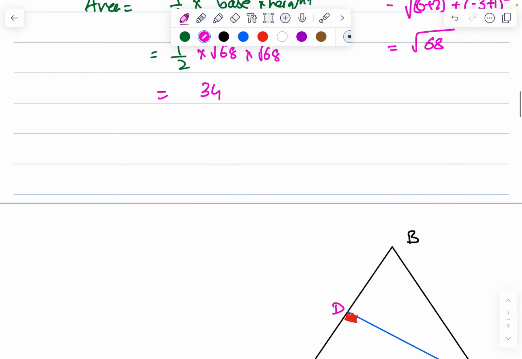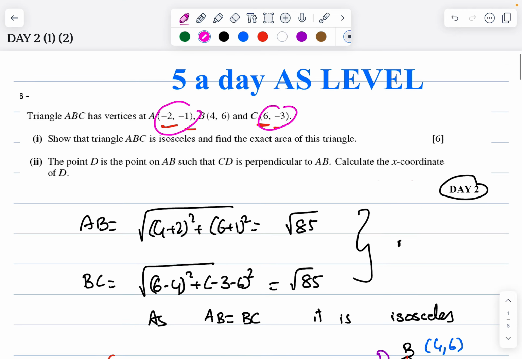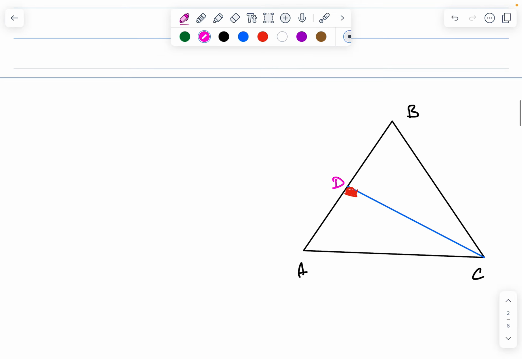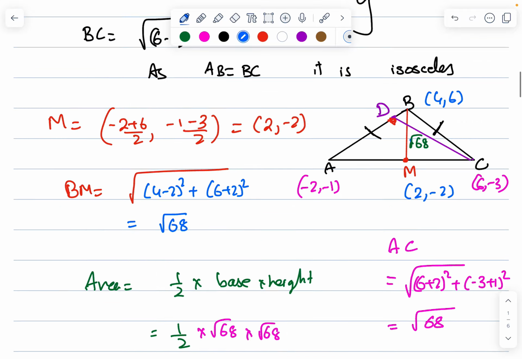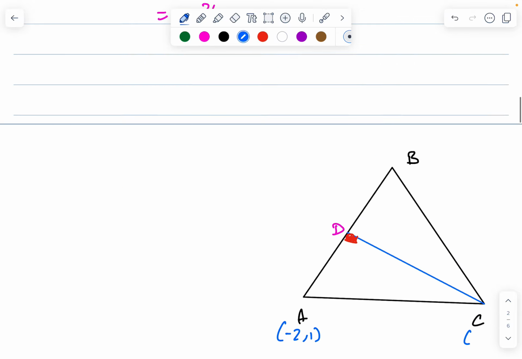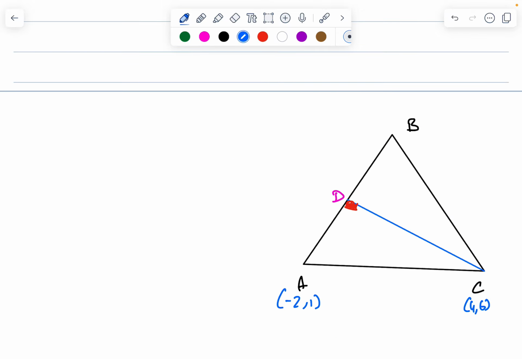And ABC. So I'm going to find the gradient of AB.